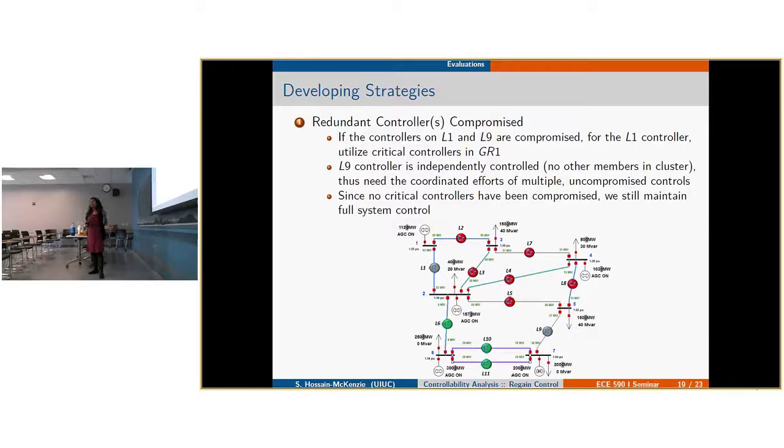The L9 controller is independently controlled, meaning that it doesn't have a control support group. Knowing that, we need to use the coordinated efforts of multiple uncompromised controls to mitigate any adverse actions. And finally, since no critical controllers have been compromised, we still maintain full system control. So we can treat this with a different degree of emergency.